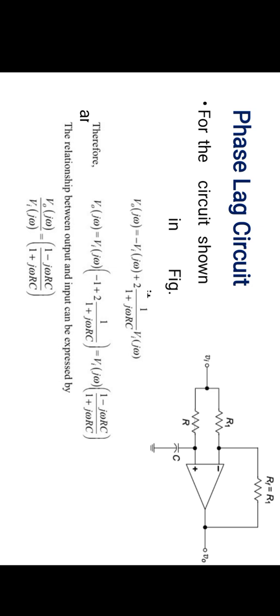The relationship between output and input can be expressed by V0 of j omega by Vi of j omega equal to 1 minus j omega RC divided by 1 plus j omega RC.